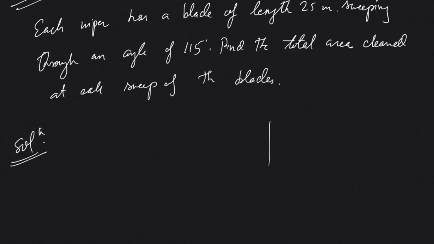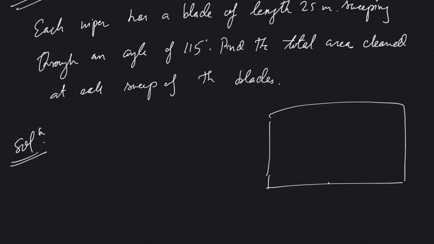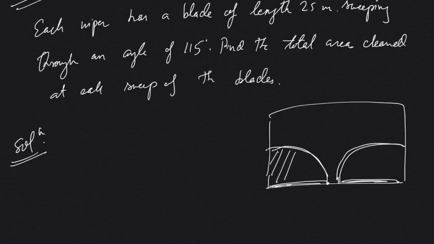Let us imagine a car wiper. For example, if this is the screen of the car, then we have seen that a car wiper is fixed somewhere like this, and the other wiper is at the other end. So now the question is, each of these car wipers will sweep an area in such a way that they do not overlap.